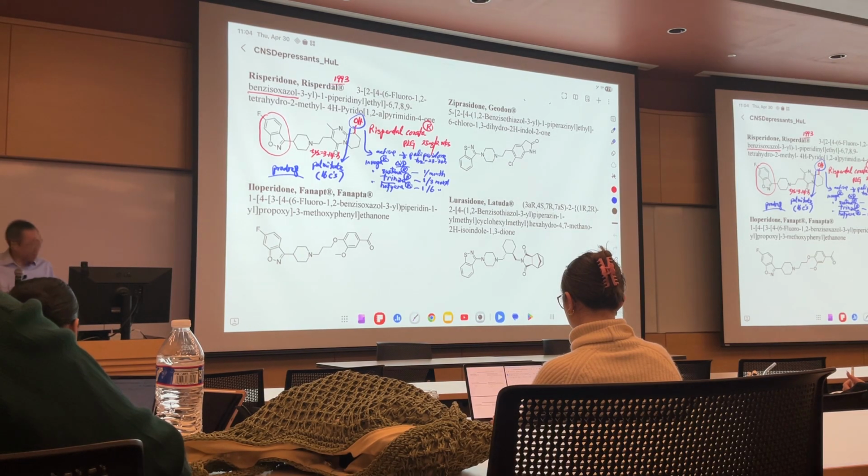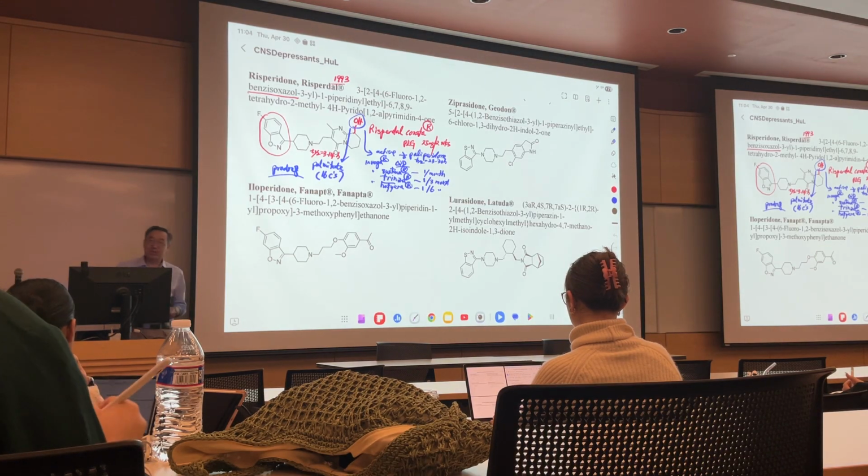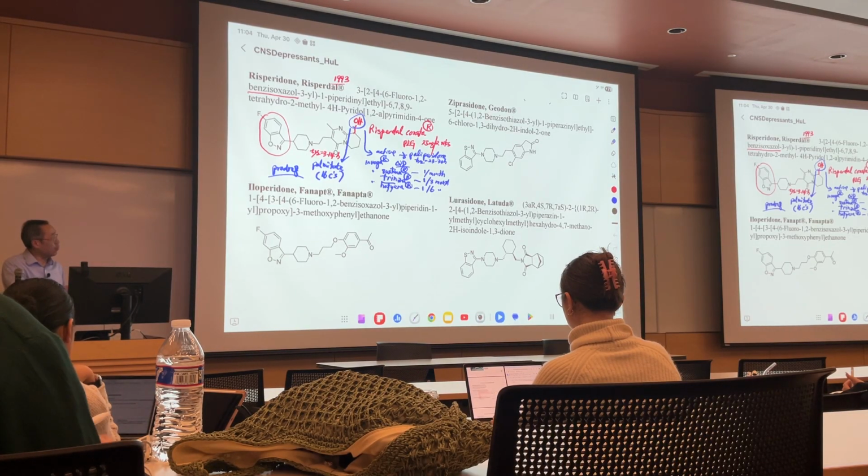So you have 16 carbons attached to it, and it was prepared as nano crystals, and depending on crystal size and the dose in every injection, that's how they have the extended duration of action.